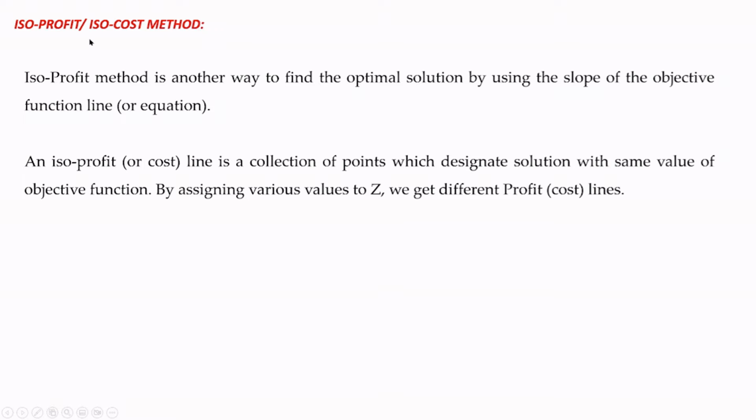Or if we consider an isocost line, then on each point on a given line, the value of the cost, that is the objective function z, will remain the same. That is the reason why we have isoprofit or isocost method. Now we will first solve a problem and then we will see the steps in isoprofit or isocost method.